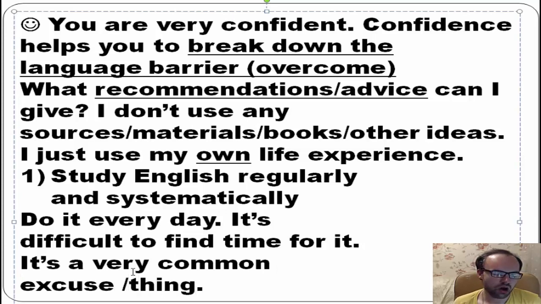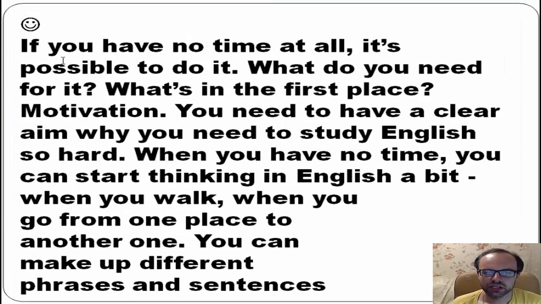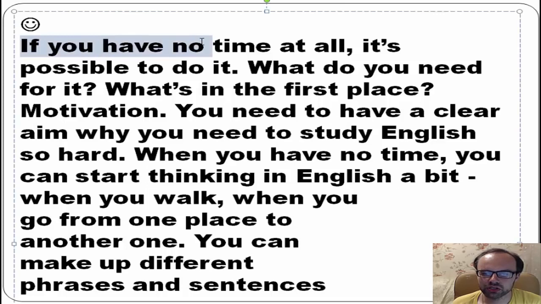So people often say, okay, so I have no time, or I don't have time, okay, later, next time, yeah? But I think that if you really want it, you will find time for it. And so if you have no time at all, yeah, it's possible to do it anyway.